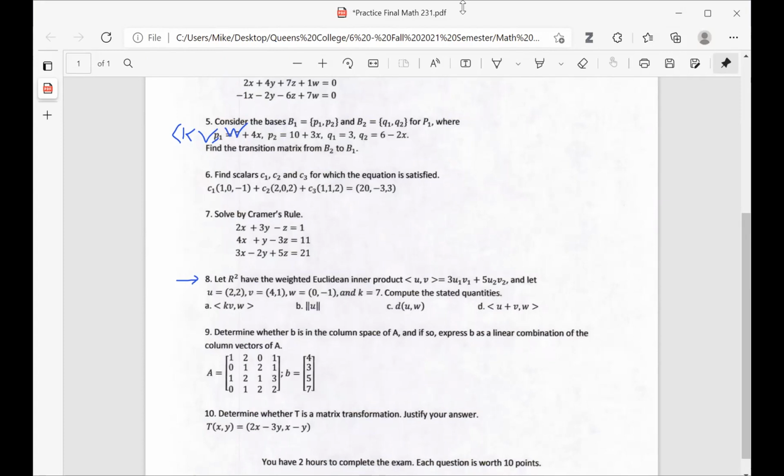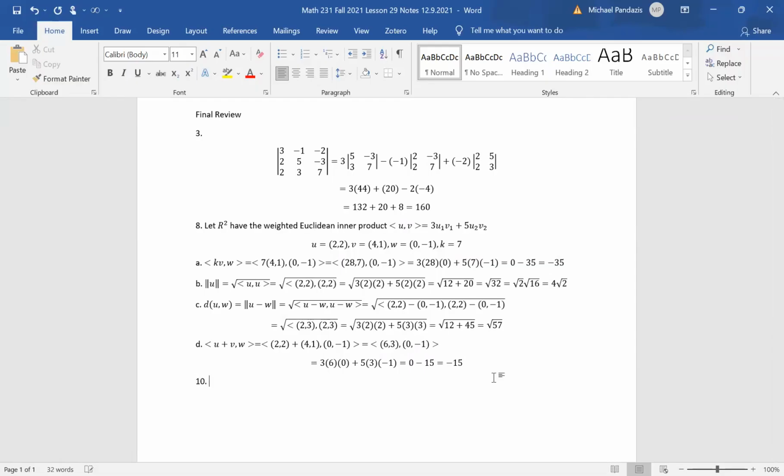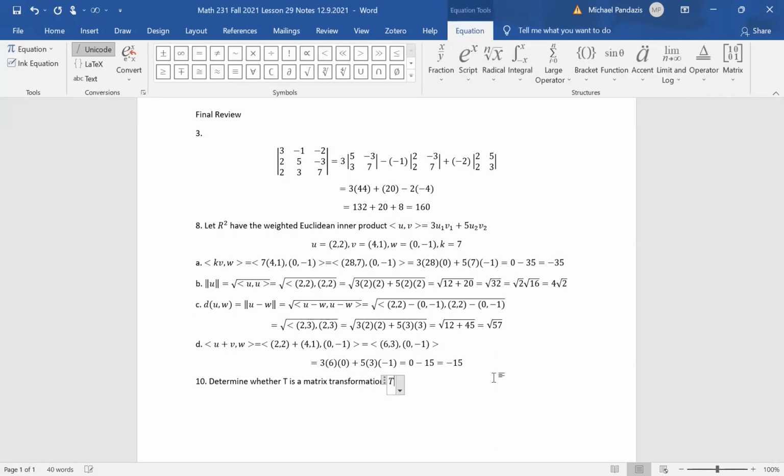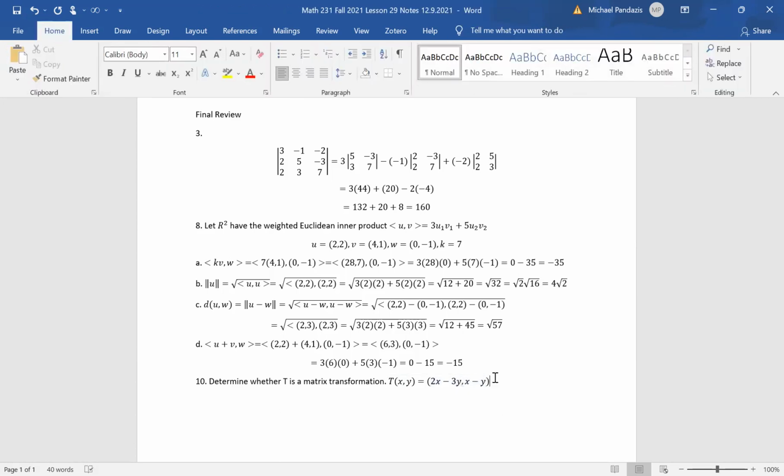Determine whether T is a matrix transformation. Okay, so this is number 10. And here T of x comma y is equal to 2x minus 3y comma x minus y. A matrix transformation is a linear transformation.